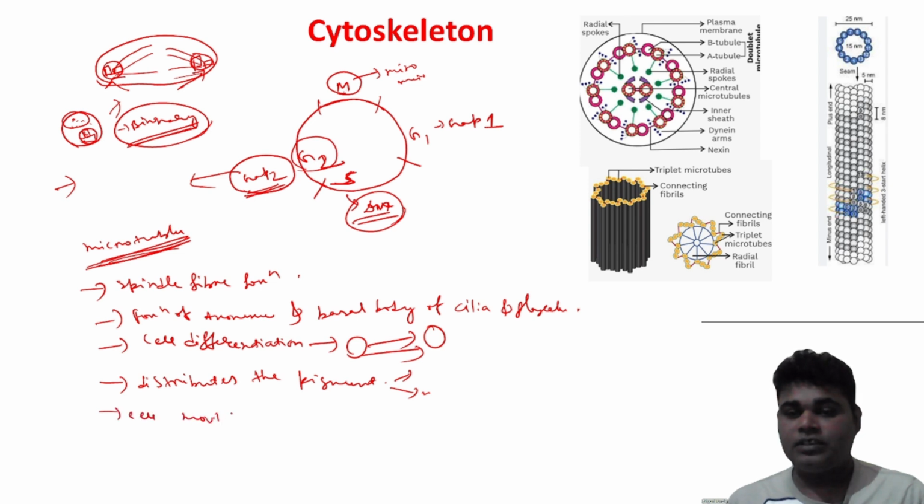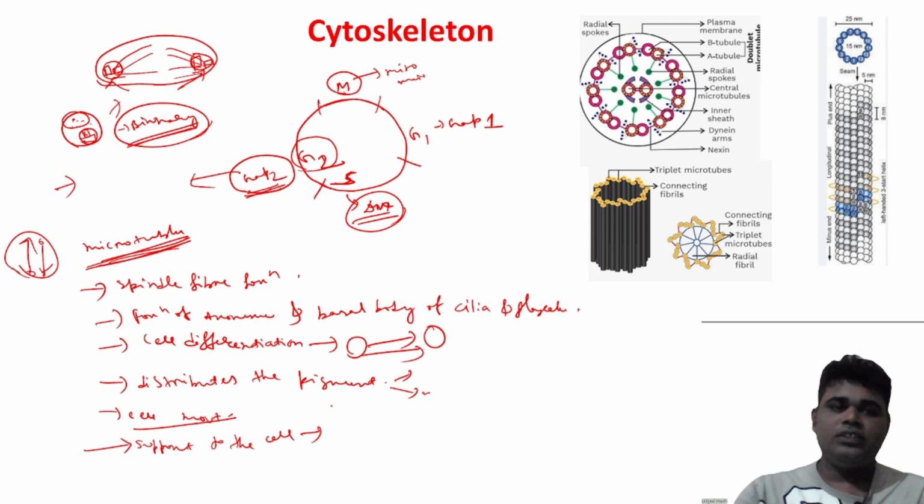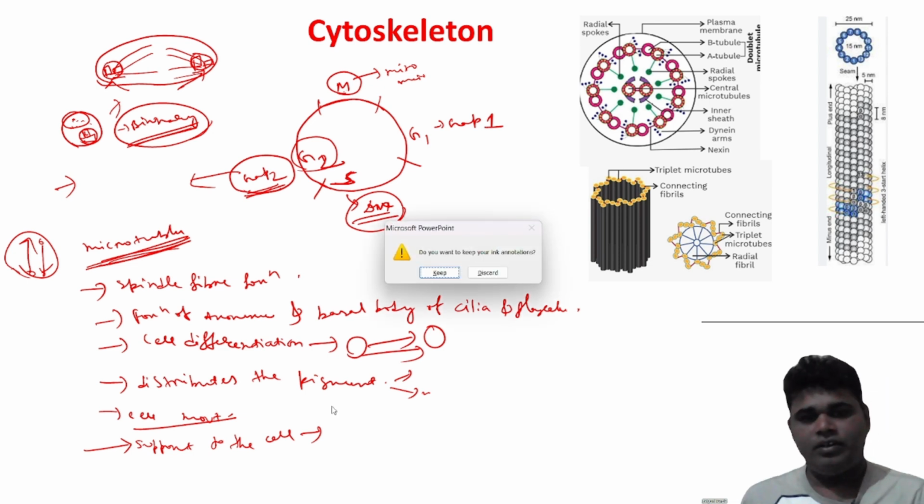During gastrulation, one cell goes to another, or one cell comes back here. This cell movement occurs by the microtubule. Most importantly, it provides support to the cell or to the organism. So this is all about the structure of the microtubule.